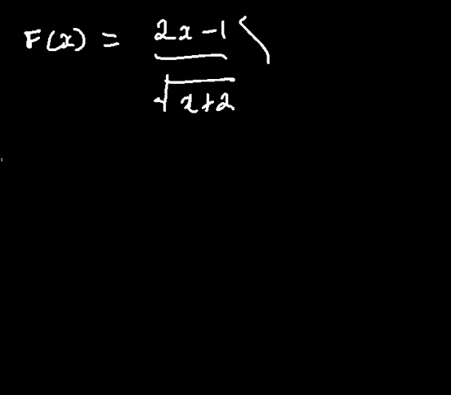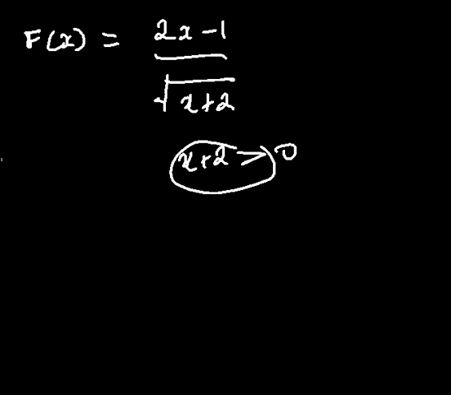This is a typical fraction function, so according to the principles behind, the denominator should not be equal to 0. But now the denominator is under a square root, and under a square root the inputs range from 0 to positive. How should you have the condition that will satisfy both of these cases? The only condition here is that x plus 2 should be greater than 0.